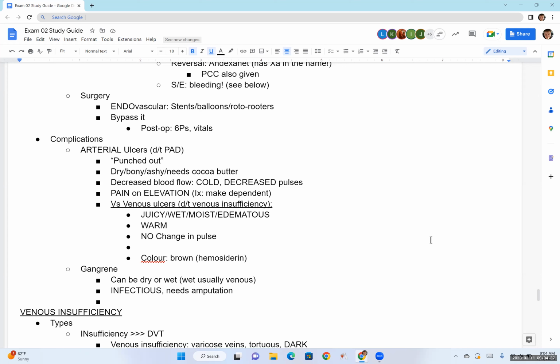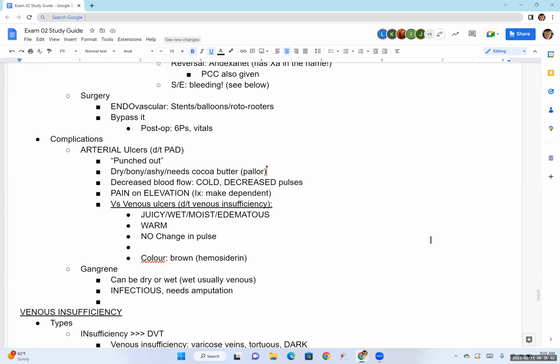I don't want to say discoloration because our venous ulcers have the brown discoloration, from the blood that's just pooling there and breaking down. And what's inside of blood that breaks down? What's inside of RBCs? Iron.